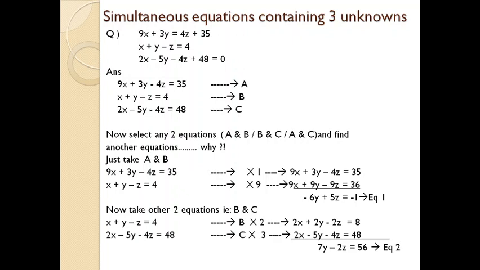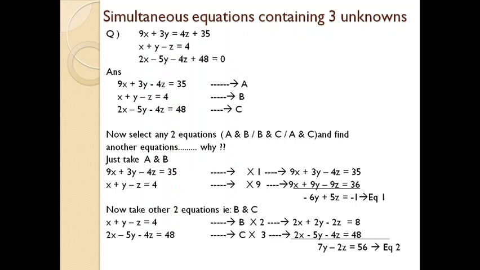Please remember, when you develop the first equation with variables y and z, make sure the second equation also has y and z. If you go for x or y, you will not get an answer. While going for the second equation, the variables you selected must be considered in the second equation.